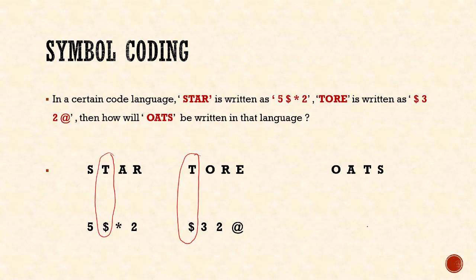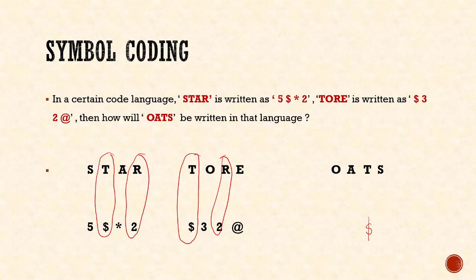So we can put T. Oats again has a T at the third place, so here we would have dollar. Then we see the next common alphabet in both of them is R, and R is coded as 2 in both of them. So here we can conclude that these symbols or numbers are used in order.